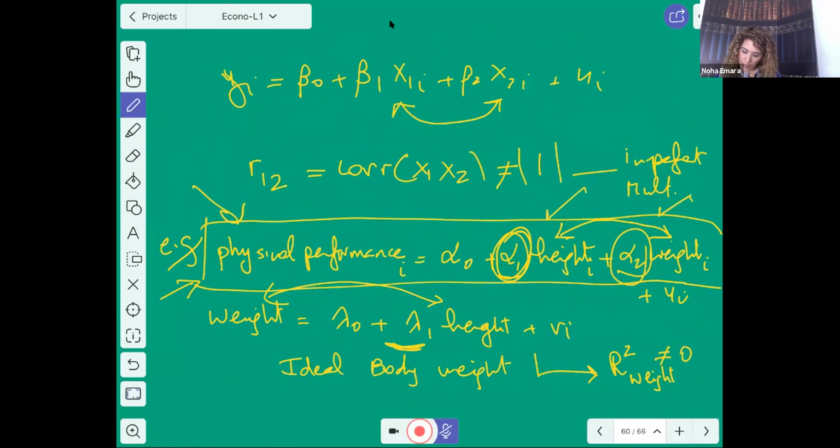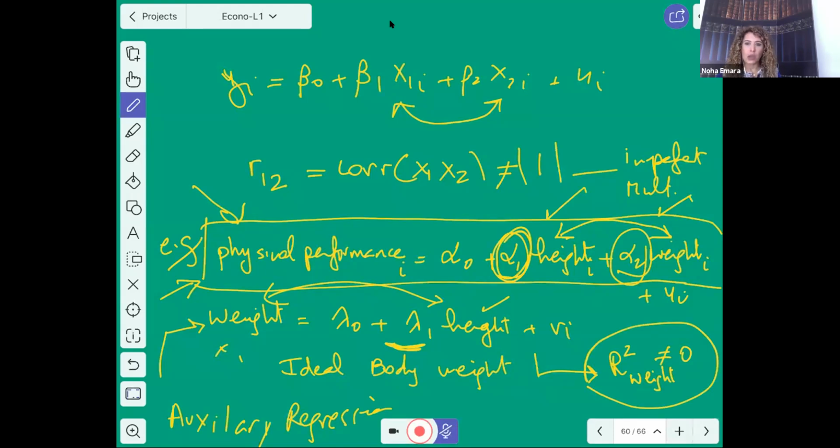If I take weight and regress it on height, so x1 on x2 or x2 on x1, whatever. I'm taking one of the x's and I regress it on the other x. This is called auxiliary regression. It's a regression of the x's. The R square of this auxiliary regression is the R square that we use in the variance inflation factor.